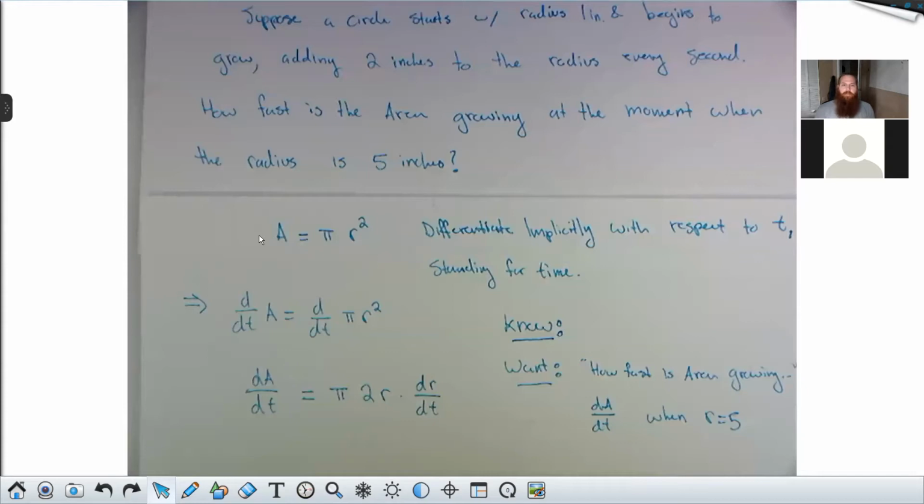But in order to get a number out, I not only need to know the value of r, I need to know the value of dr dt. What is dr dt?